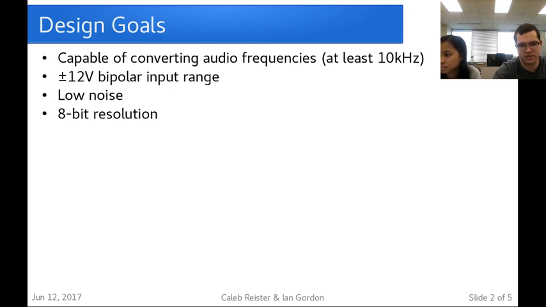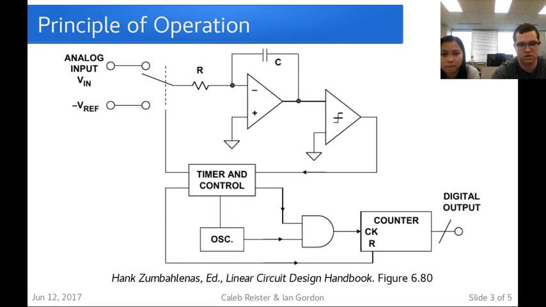We wanted the design to be reasonably low noise and have an 8-bit resolution. This is going to be done with discrete logic components, like 74 series logic and op amps and comparators and passive components.